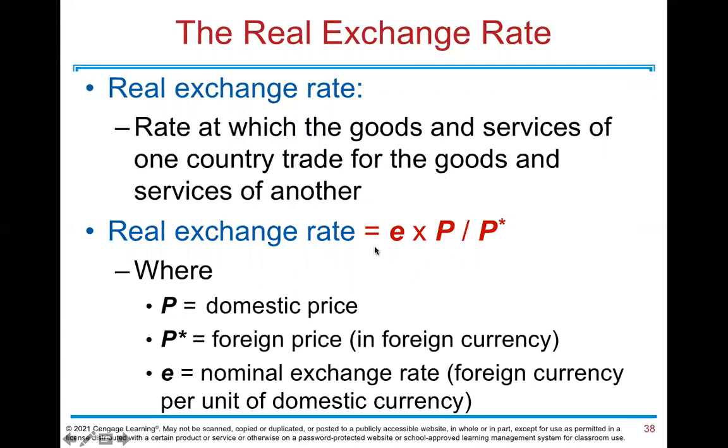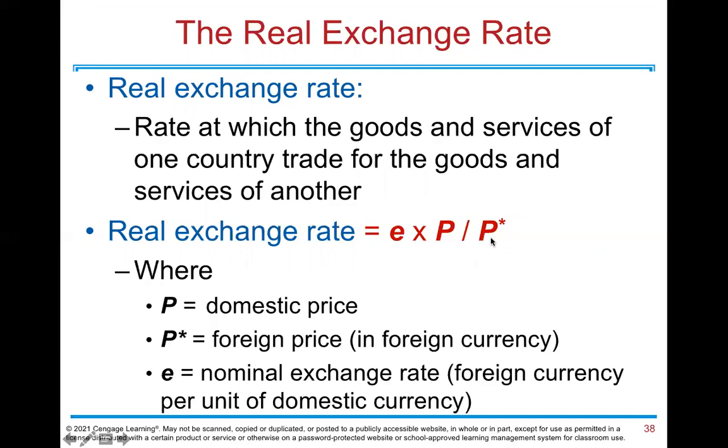The real exchange rate is defined as this. E is our nominal exchange rate. P is our domestic price. So E times P is the price expressed in foreign currency, because we take our domestic price and multiply it by the nominal exchange rate, and in the numerator we get the price of a good, let's call it a Big Mac, in the foreign currency, maybe pesos.